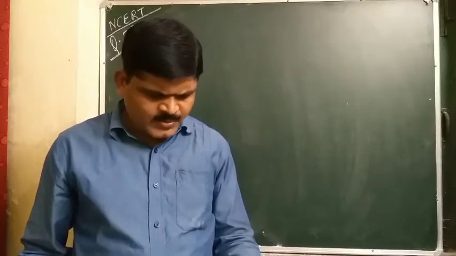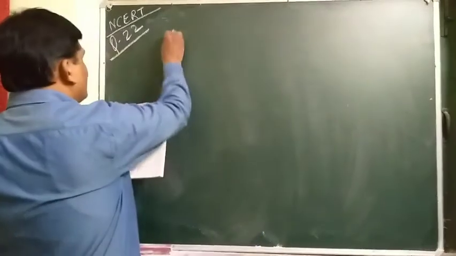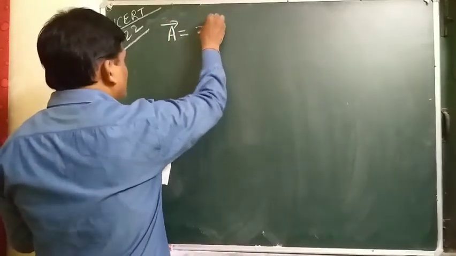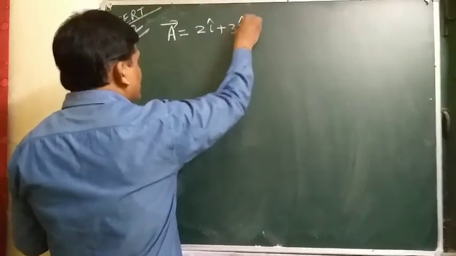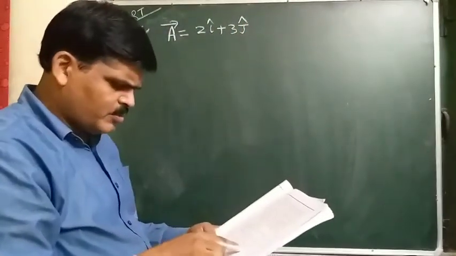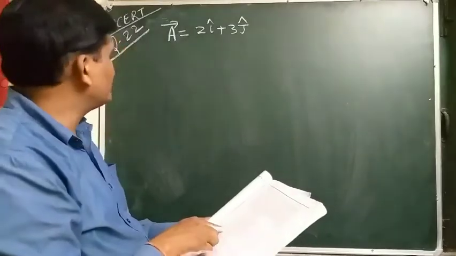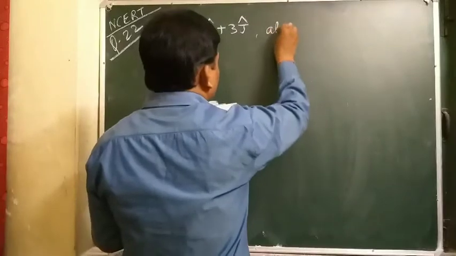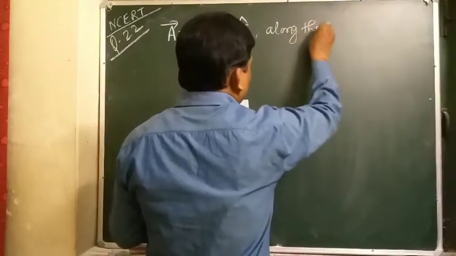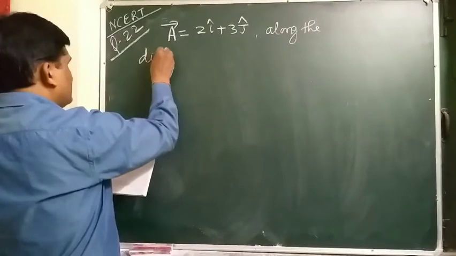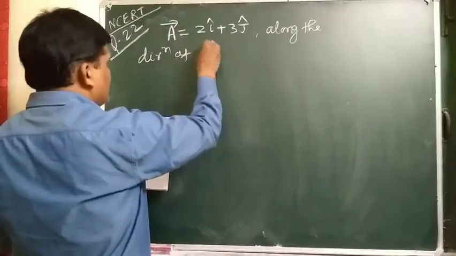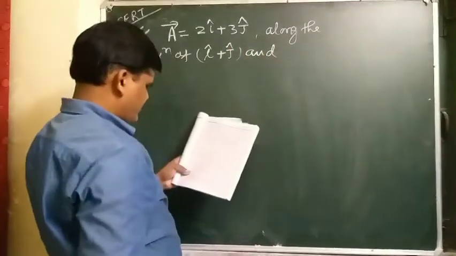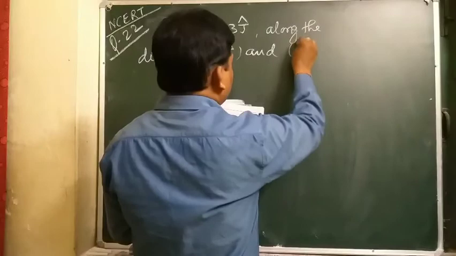What are the components of vector A, which is given as 2i plus 3j, along the direction of i cap plus j cap and i cap minus j cap?